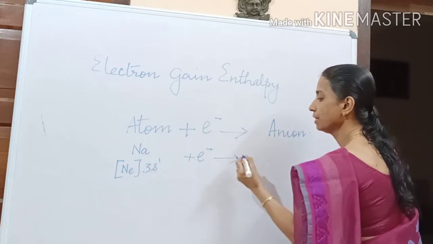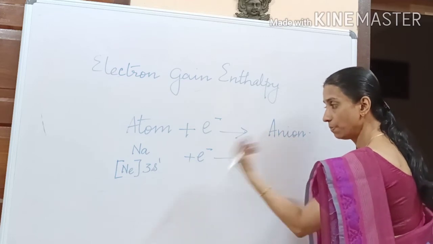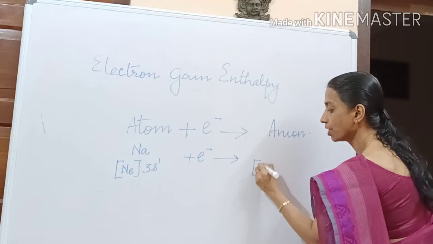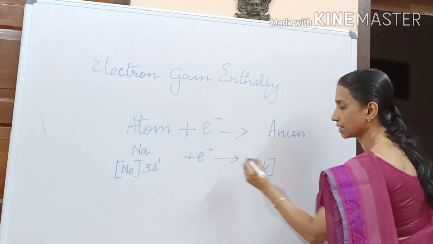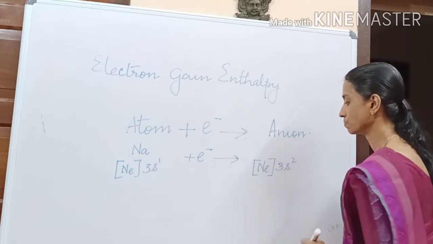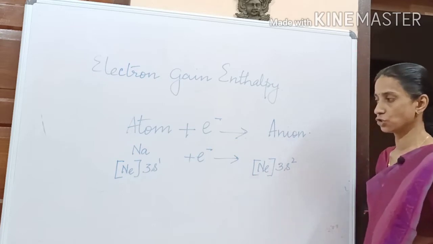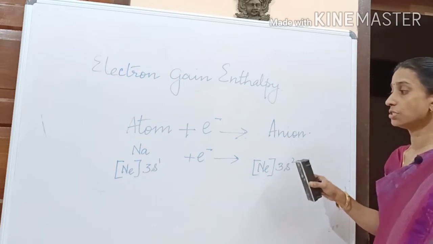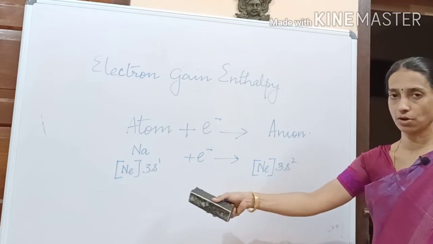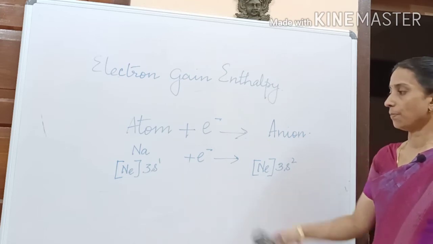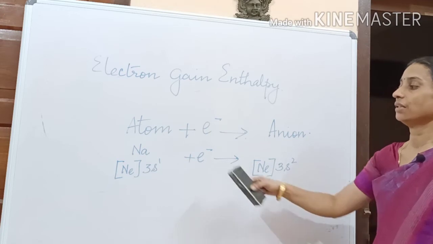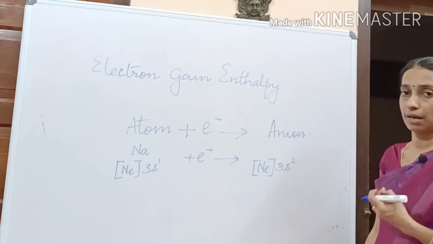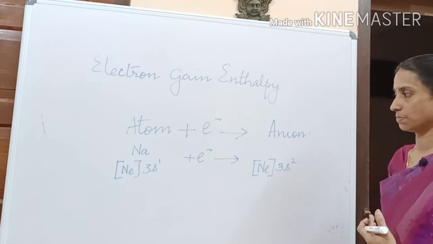It will gain one more electron, becoming neon 3s2. Evidently, the neon 3s2 configuration is more stable than the first case. But here the electron is not added as easily as possible.